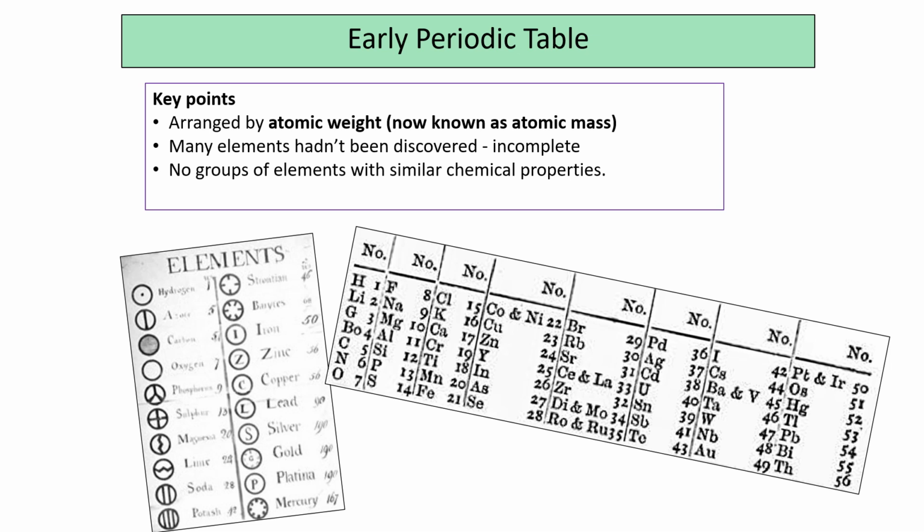For example, if you take the periodic table down here on the right, you will see that in fact iodine was placed in the same group as cesium. Iodine is a non-metal and cesium is a metal, and they behave very, very differently. Early periodic tables also mixed together metals and non-metals, again given by the example of iodine and cesium.